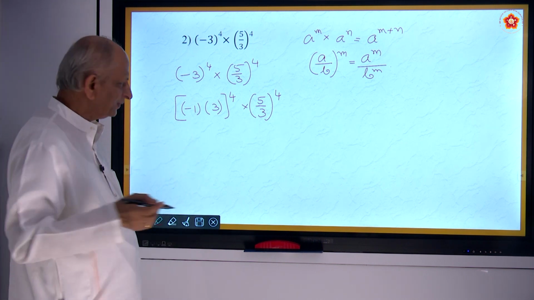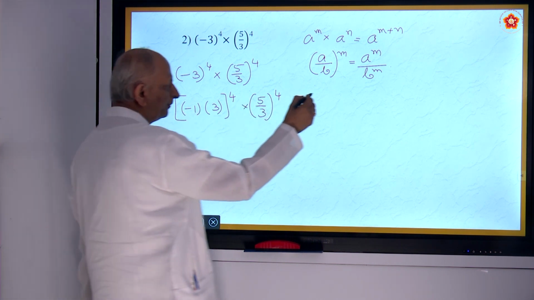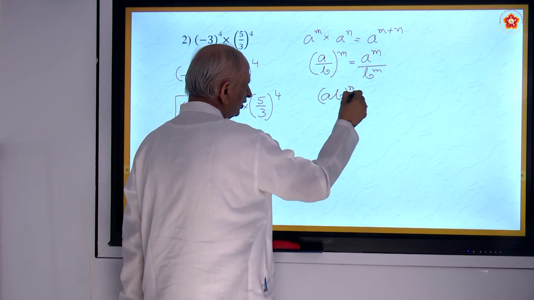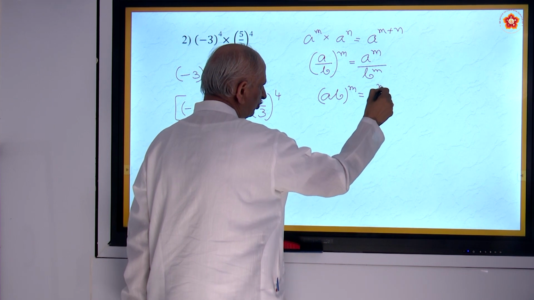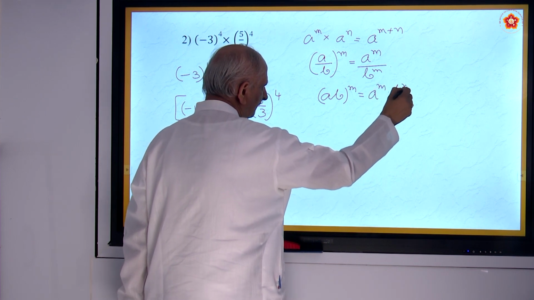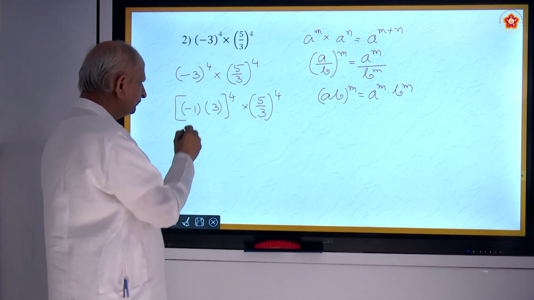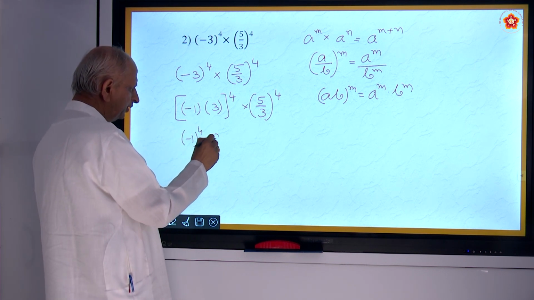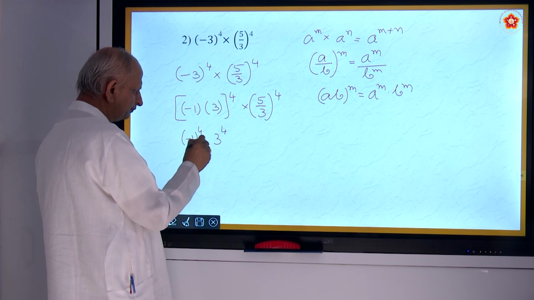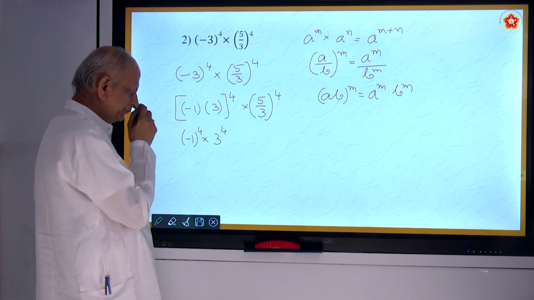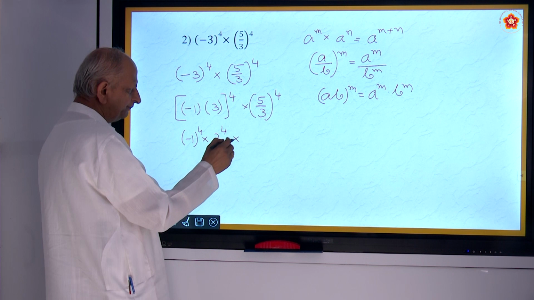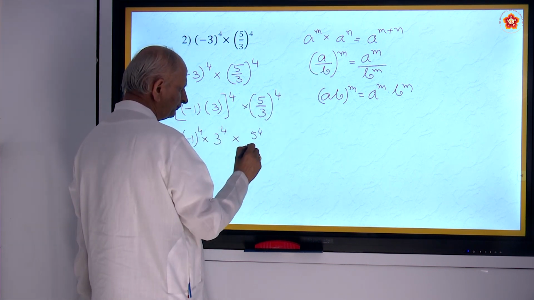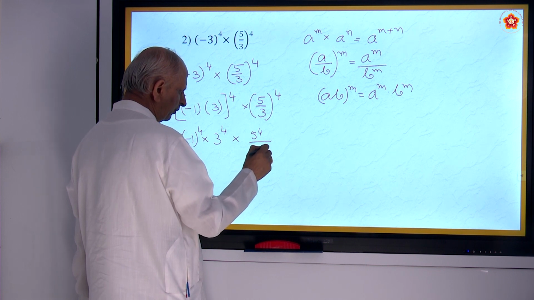Minus 1 into minus 1 into minus 1. ab to the power of m is equal to a to the power of m into b to the power of m. That is the law. So we will write it as minus 1 to the power of 4 into 3 to the power of 4. This will be 5 to the power of 4, the second law, by 3 to the power of 4.